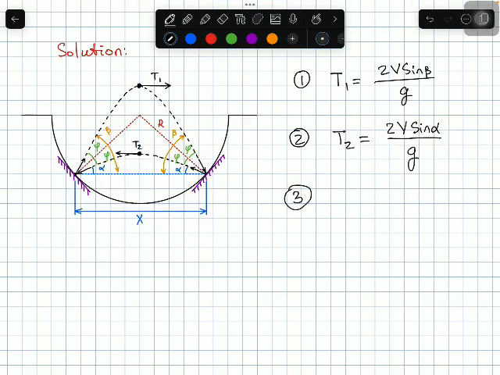Equation number 3. The horizontal distance x equals the horizontal component of the velocity, v cosine alpha, times t2. Equation number 4. The same horizontal distance equals the horizontal component of the velocity according to angle beta times the time t1. We can write two more equations.